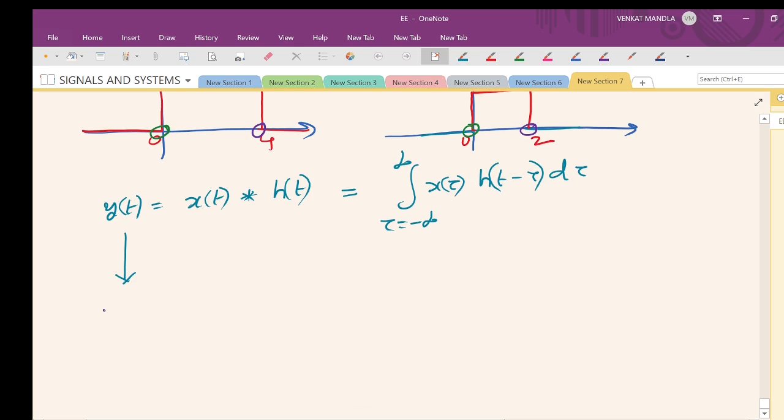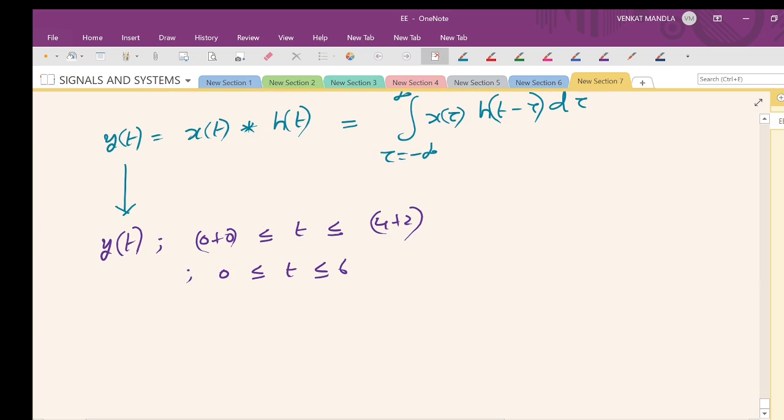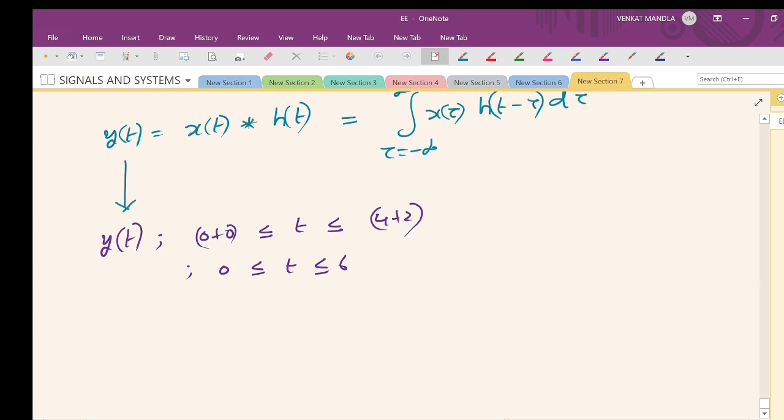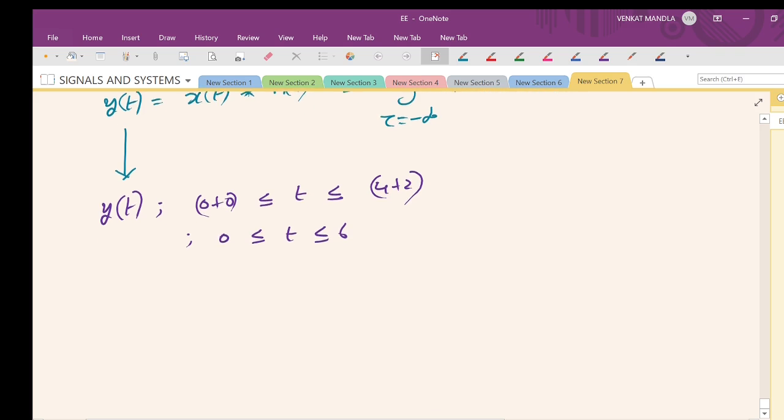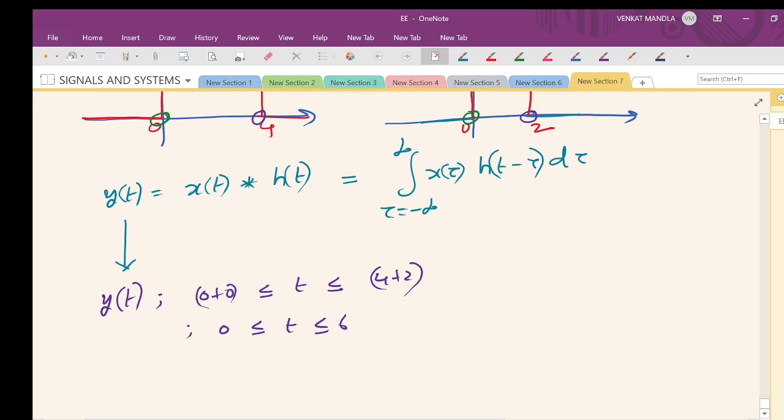So y(t) exists from 0 to 6. Above 6 you will get 0 output, and below 0 you will also get 0 output. These are the extreme limits.